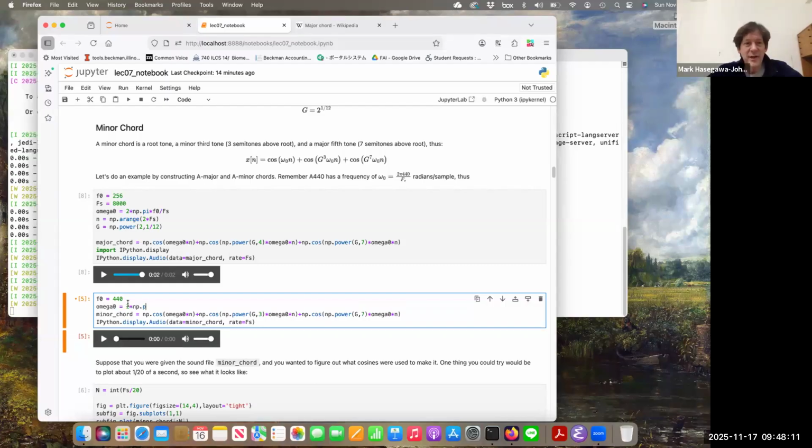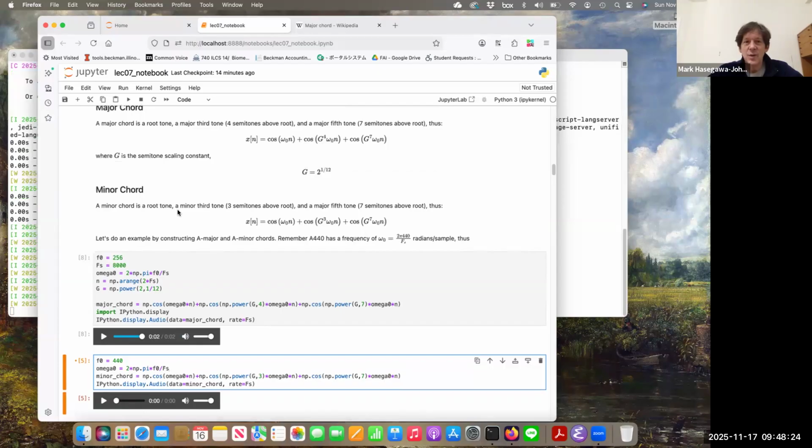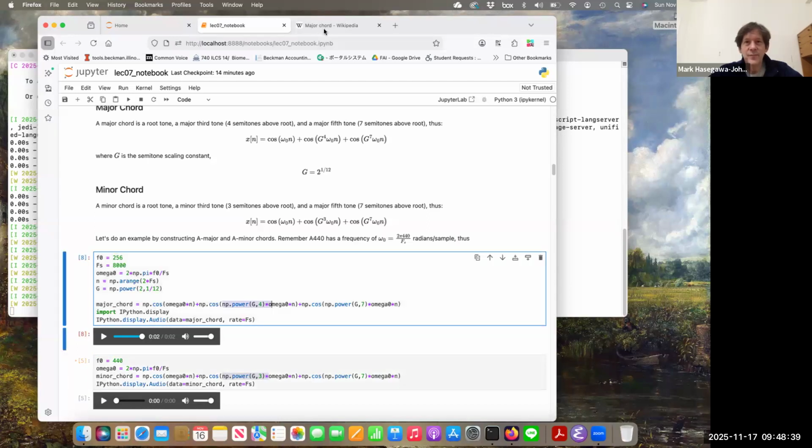Now my major chord will be C major and my minor chord will be A minor. A minor chord is cosine of omega naught n plus cosine of g cubed omega naught n plus cosine of g to the seventh. So a minor third is 3 semitones, a major third is 4 semitones. We have here g cubed, and here we have g to the fourth. So the minor chord, this will be an A minor.